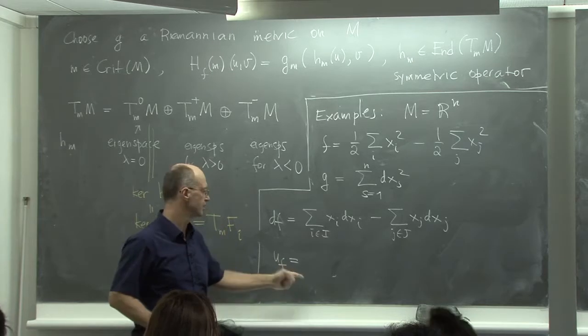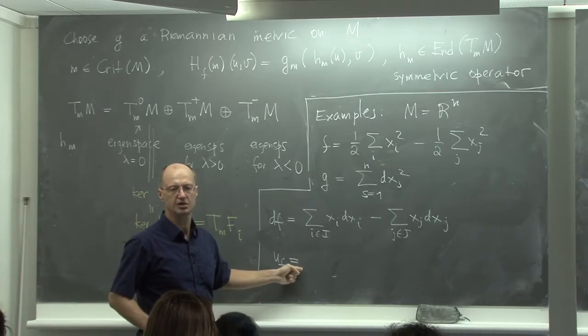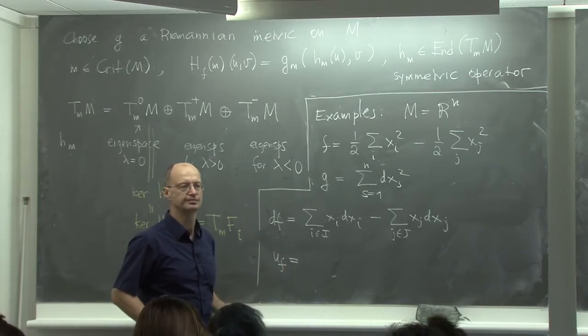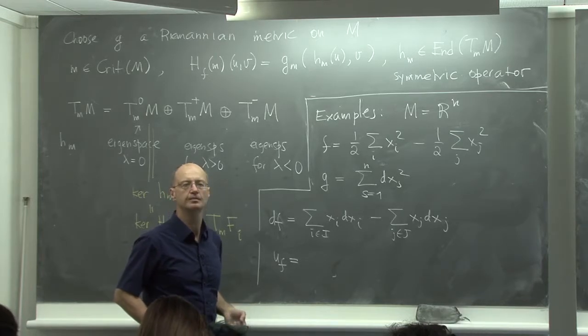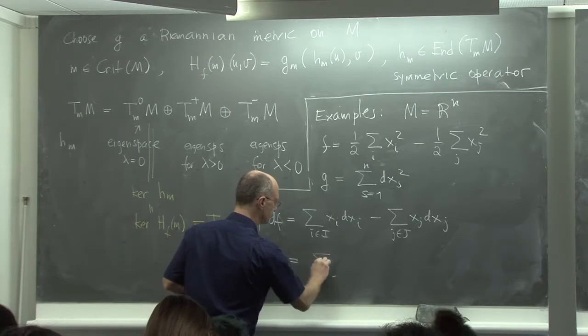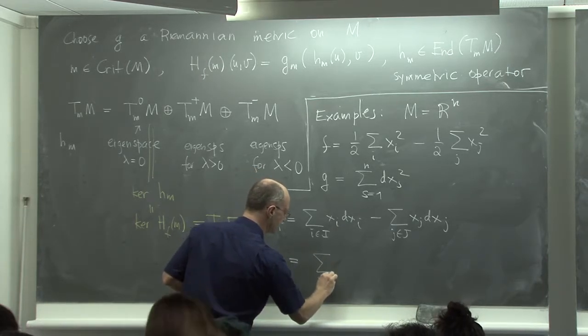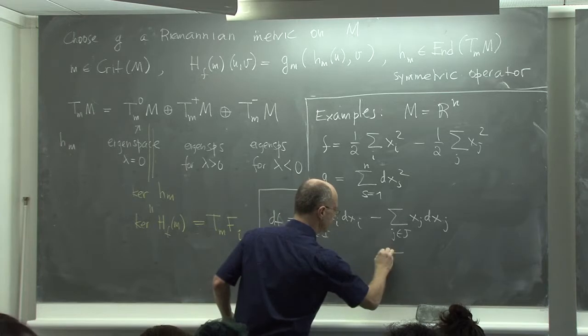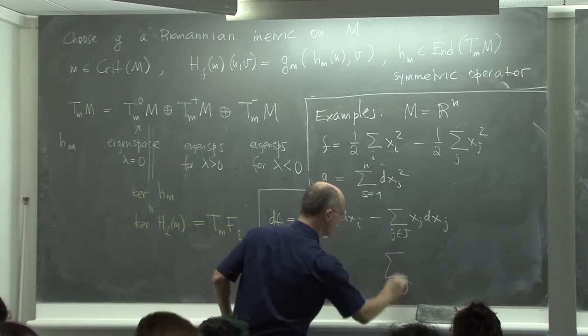Could you tell me how it's going to look like? So here will still be a sum over i, here will be a sum over j.